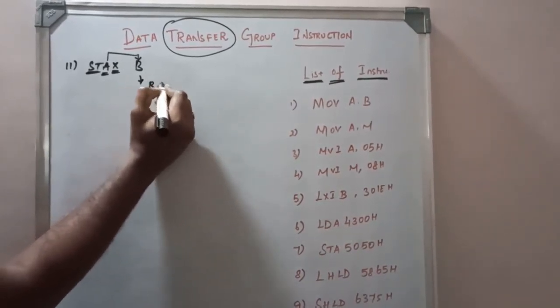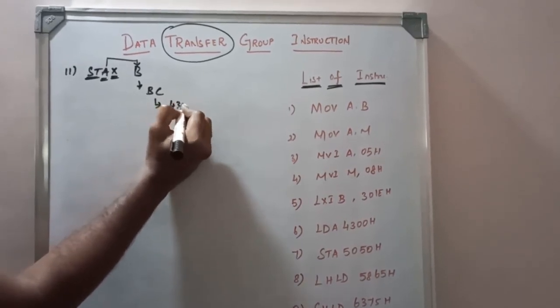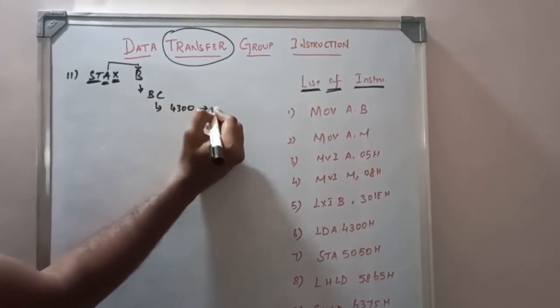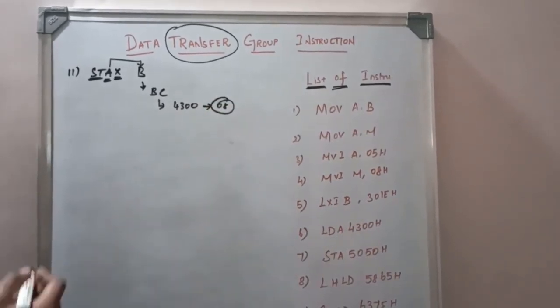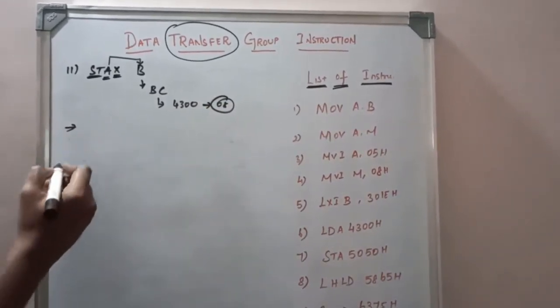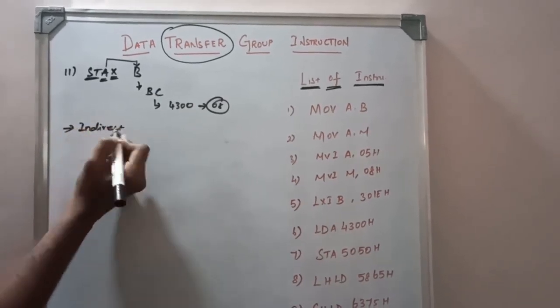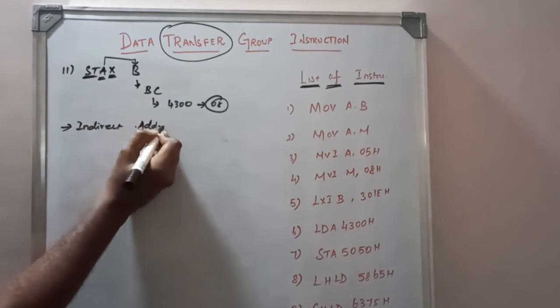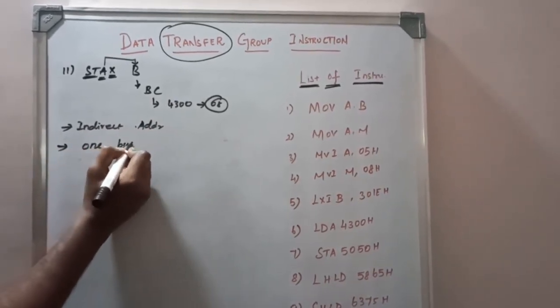It holds the memory location 4300. In this location, it holds some 8-bit data, 08. Type of addressing mode: indirect addressing mode. Byte of instruction: 1 byte.